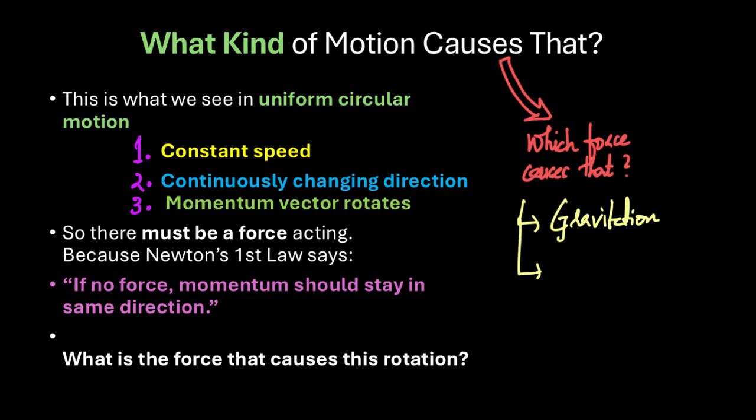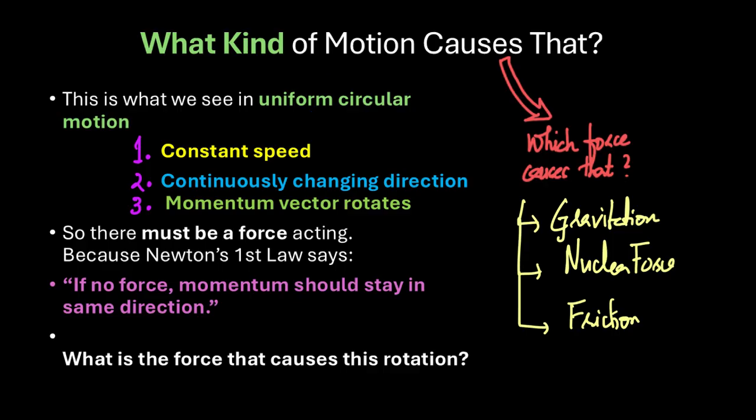In the case of electrons revolving around the nucleus, this is, of course, the nuclear force. In the case of a car moving around in a circular path, this would be the force of friction. And we have many such examples like that.